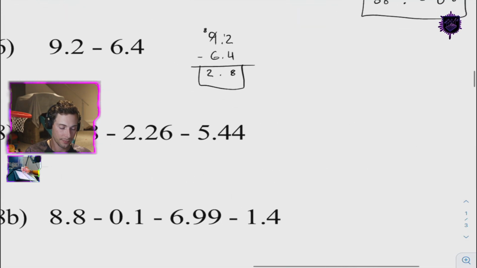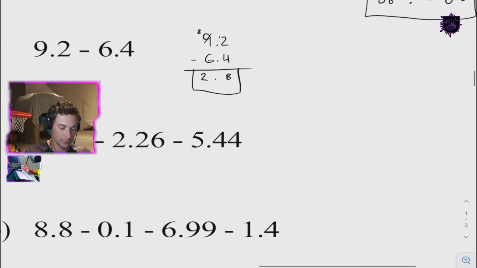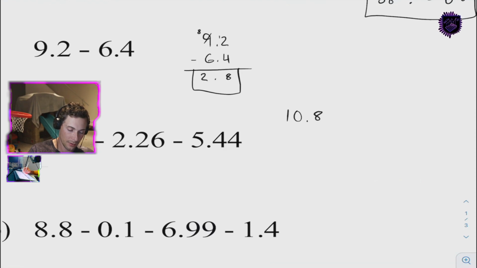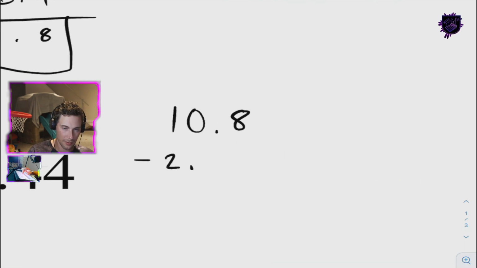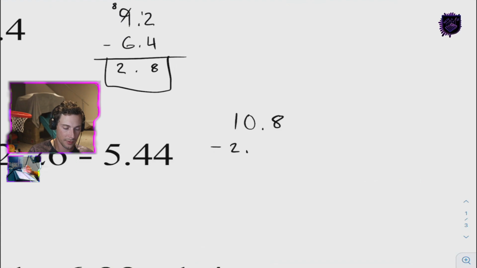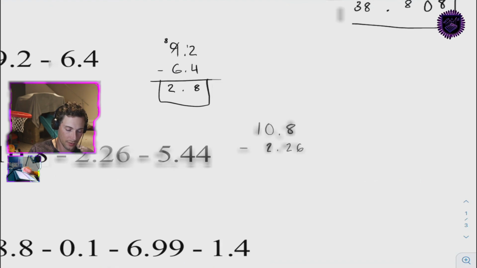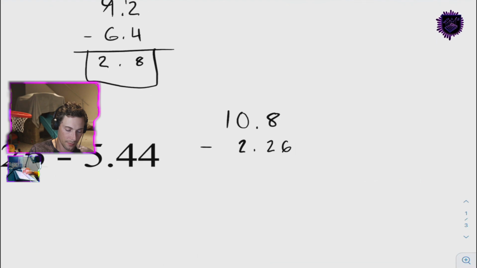Okay. Another long one here. So 10.8 minus 2 point... Uh-oh. What's happening here? I'm not lining up my decimals. 2.26. Okay.